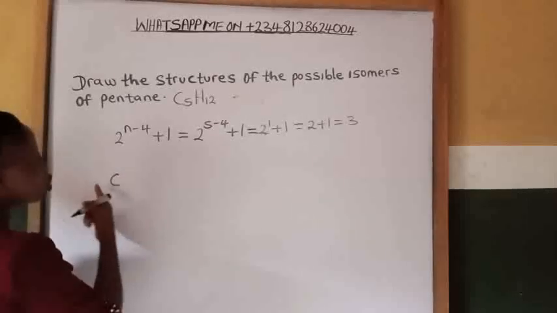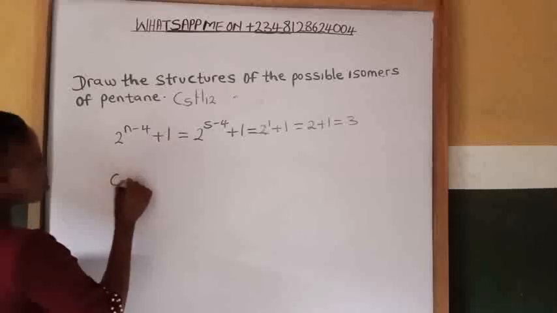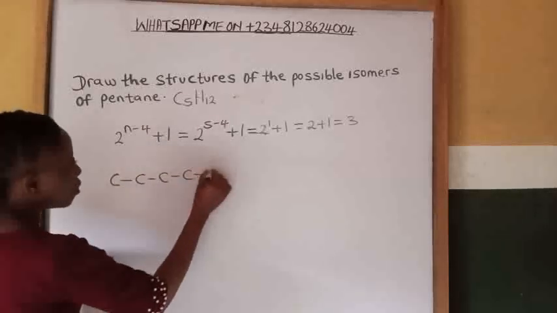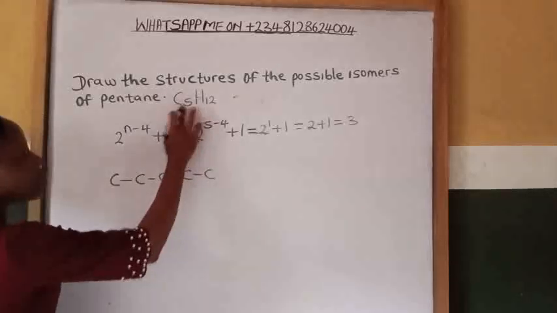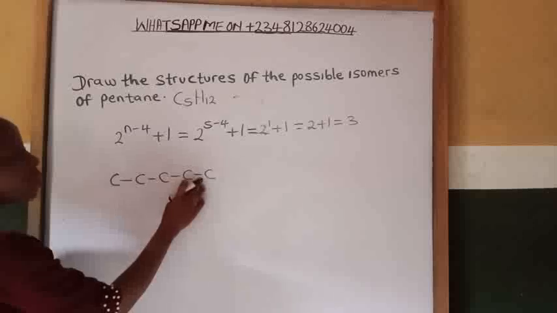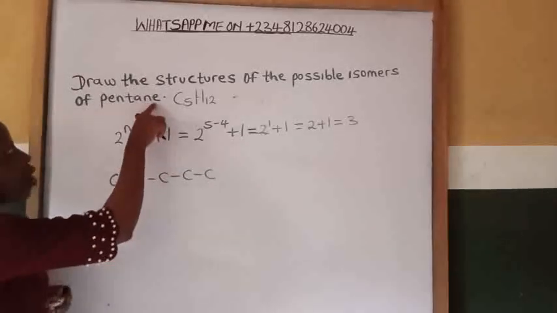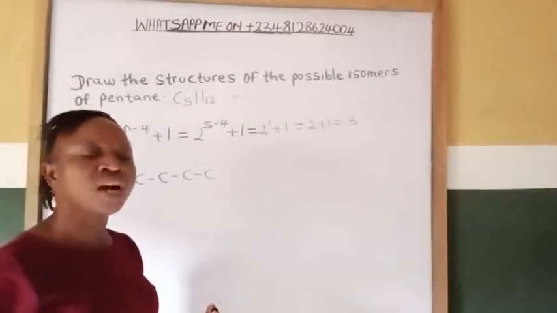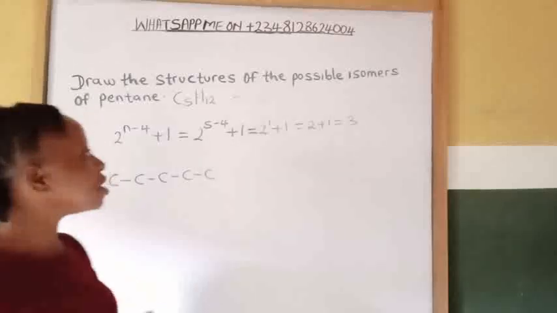So you draw a continuous chain with these 5 carbon atoms: 1, 2, 3, 4, 5. They are joined together by a single covalent bond, since they are under alkane.